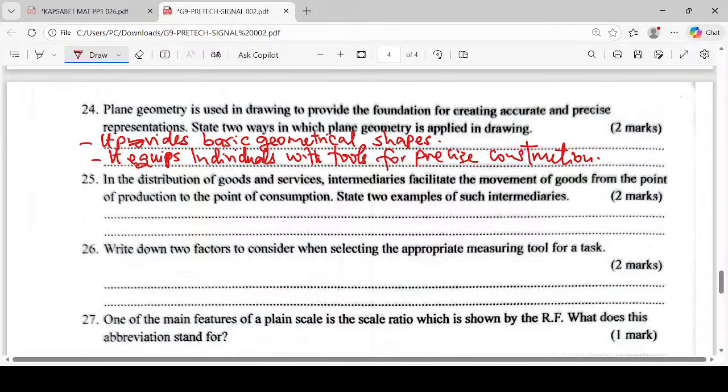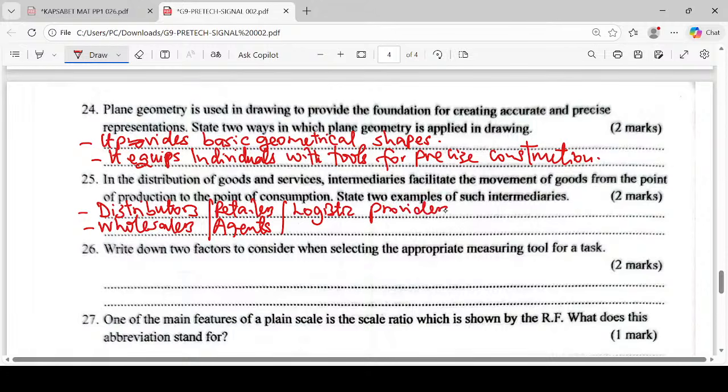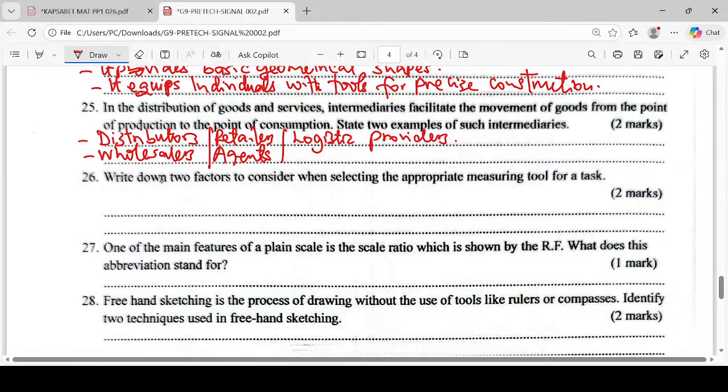Examples of intermediaries, we can have people like distributors, wholesalers, retailers, agents, logistic providers, among others.